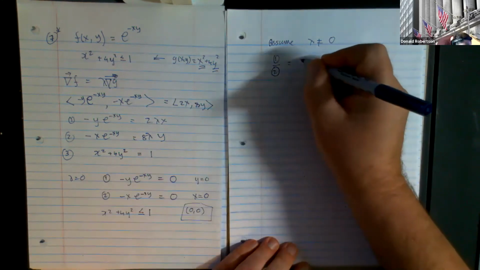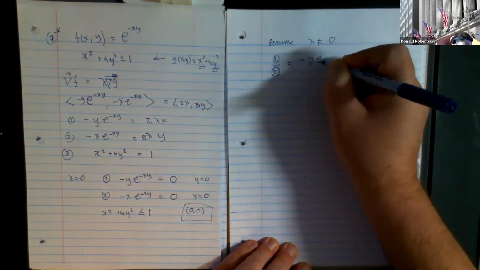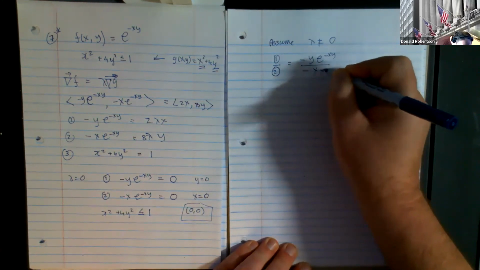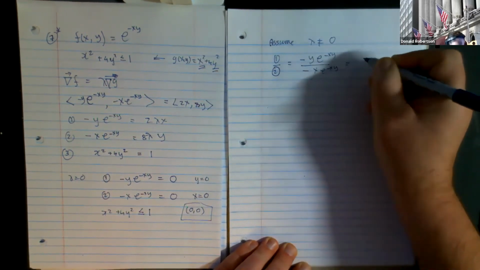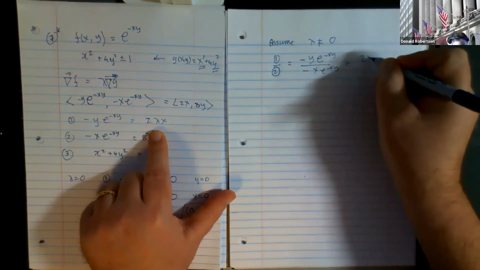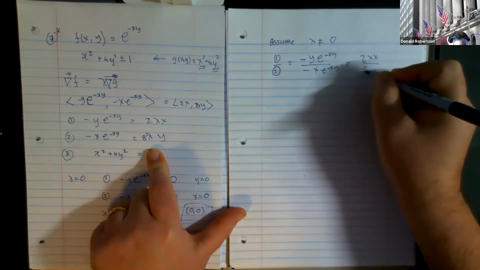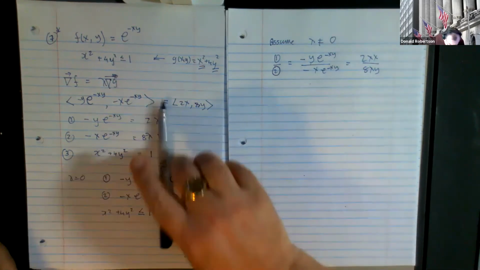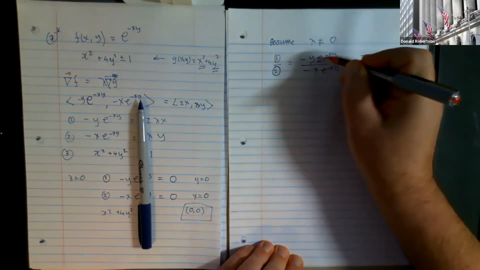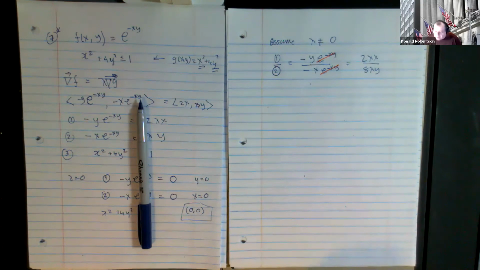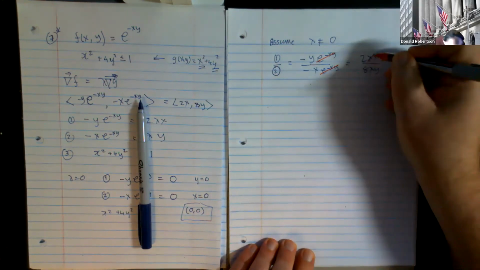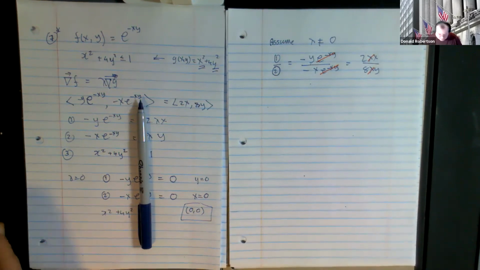Now, if you take this, you get negative y e to the negative xy over negative x e to the negative xy, and it's going to be 2 lambda x over 8 lambda y. Oh, that is pretty cool here. If you were wondering what's going to happen to that, don't they cancel out? Yes. And the lambdas always cancel out, which is why we do this.